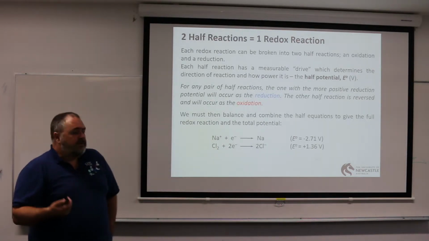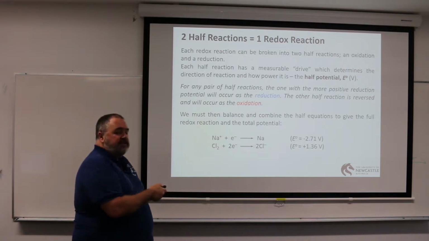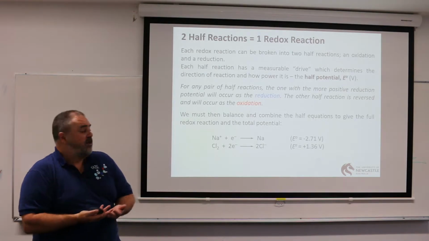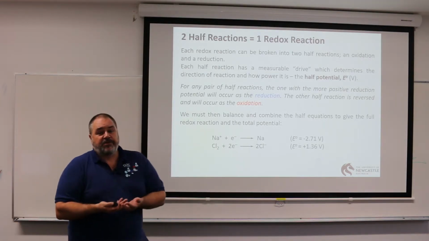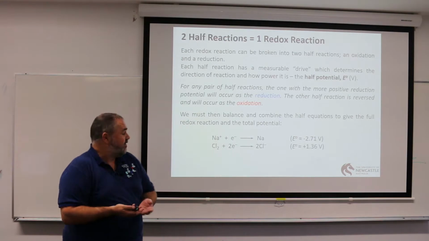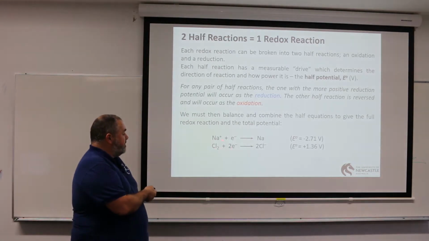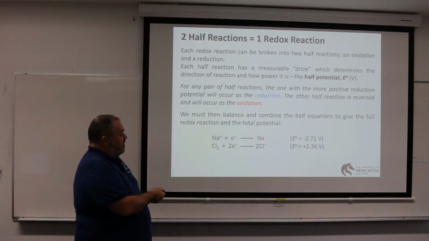So what we need to do is balance and combine these half reactions in the right directions to give the full and overall redox reaction, and that will allow us also to determine the total potential for the reaction. If we consider the two reduction half reactions for the sodium and chlorine case, sodium ions plus an electron go to sodium with a potential of minus 2.71 volts. Chlorine gas plus 2 electrons gives chloride ions with a potential of plus 1.36 volts.